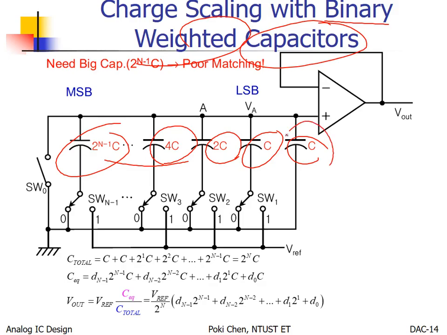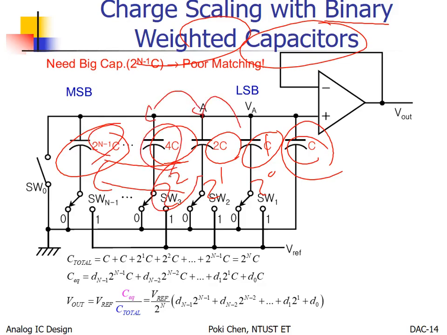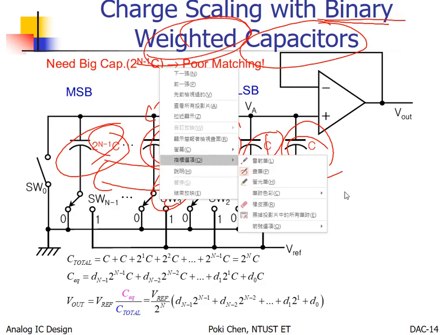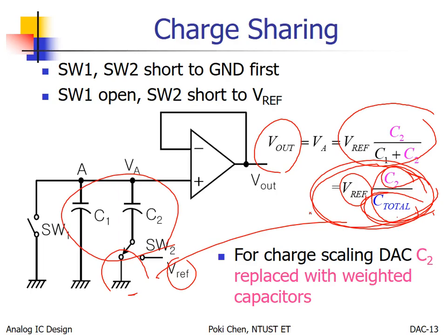The first one we actually call a dummy capacitor. Later you will know why. And then you can see 2 to the 0th power, 2 to the 1st power, 2 to the 2nd power, and so on, all the way. It means for each bit, the capacitance is doubled. So we call it binary weighted. And then the operation is quite similar to this one.